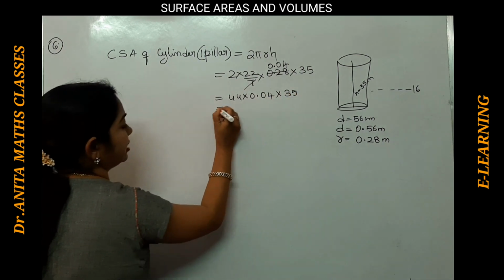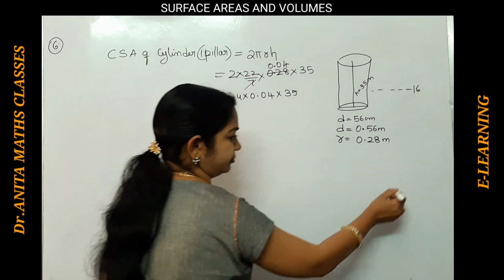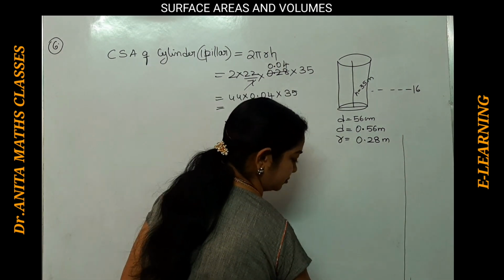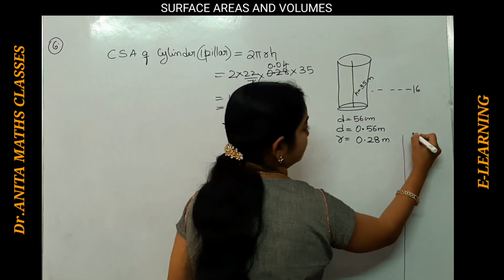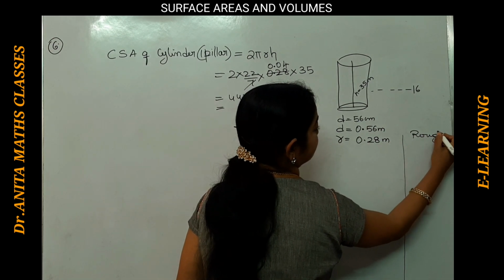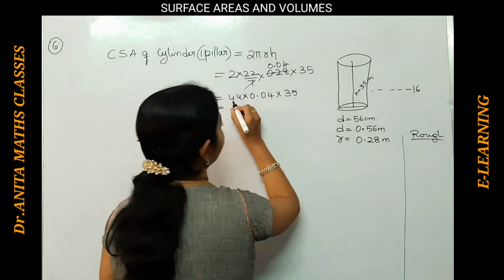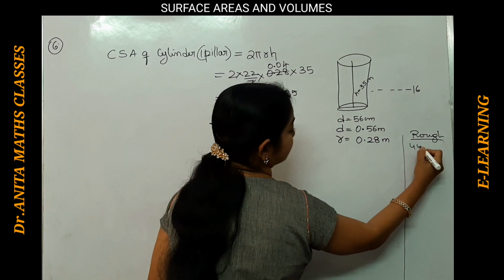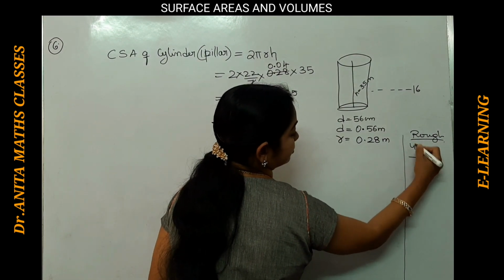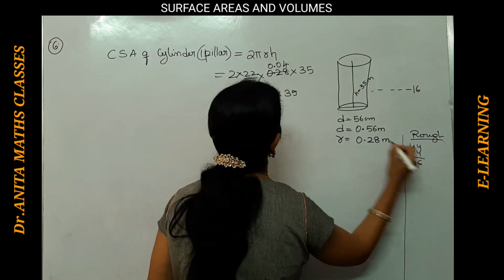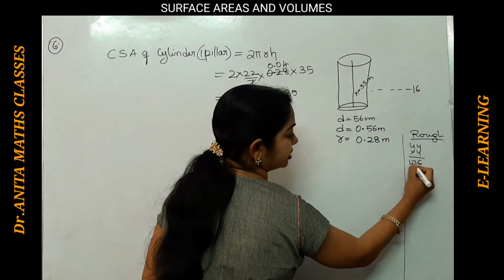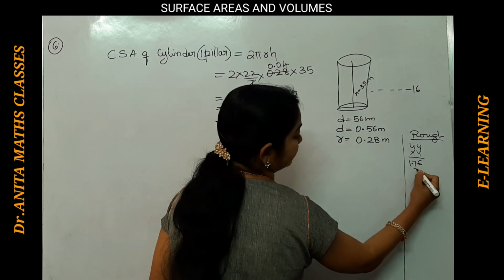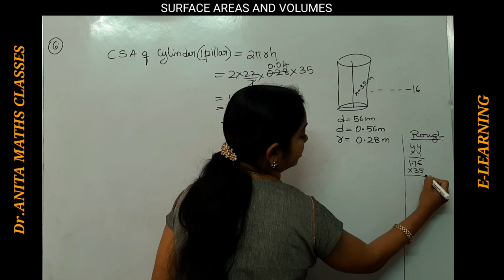We will do the multiplication part in the rough. Here 44 into 4, then again 35. Later on we will keep the digits.